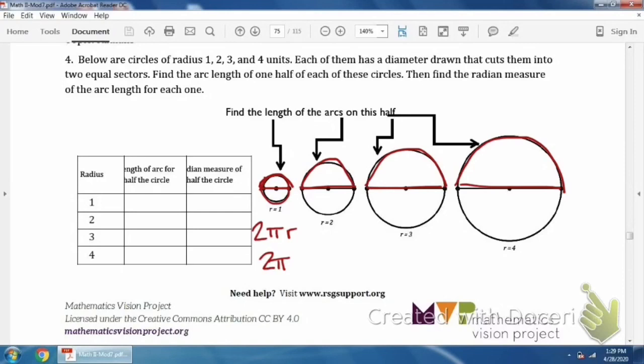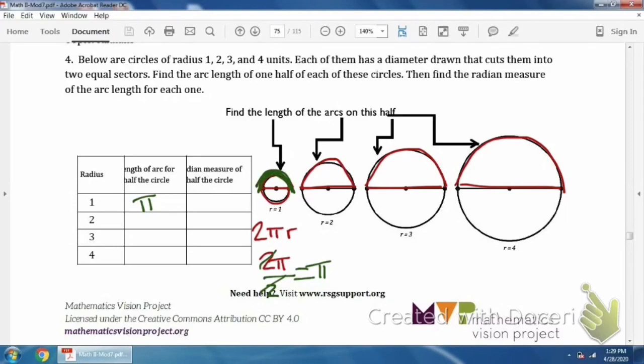But if we want half of it, we just cut the 2 pi in half. 2 pi divided by 2, the 2's cancel out, and that would just be pi. So the length of this sector, or basically halfway around this little circle, would be pi inches or centimeters, whatever that is. So circumference, cut it in half.